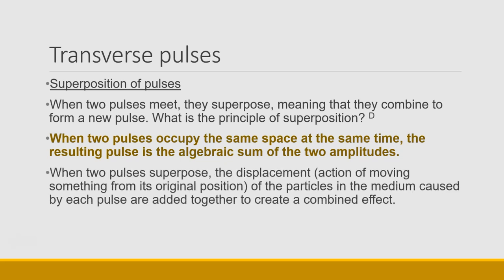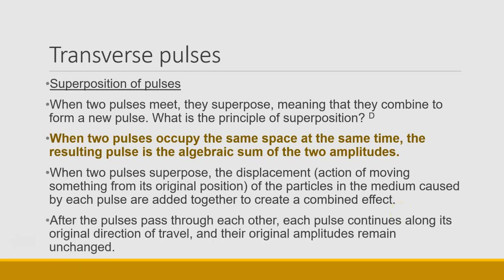That means that when two pulses superpose, their displacement or their movement from their original position, and that displacement is of the particles in the medium because they're the ones carrying the disturbance. So the displacement caused by each pulse will be added together to create a combined effect.